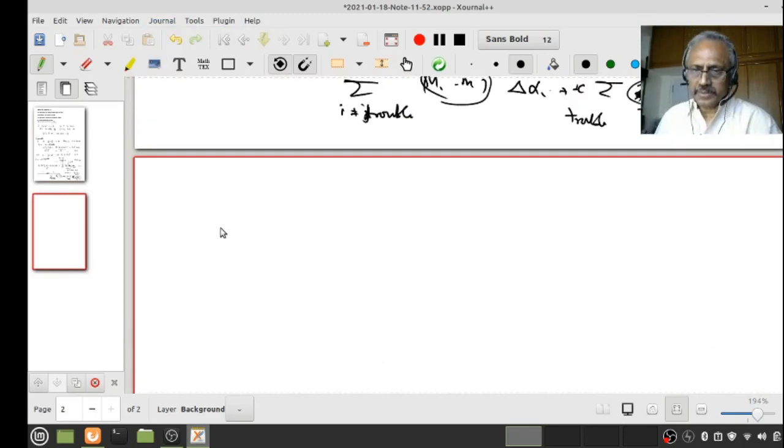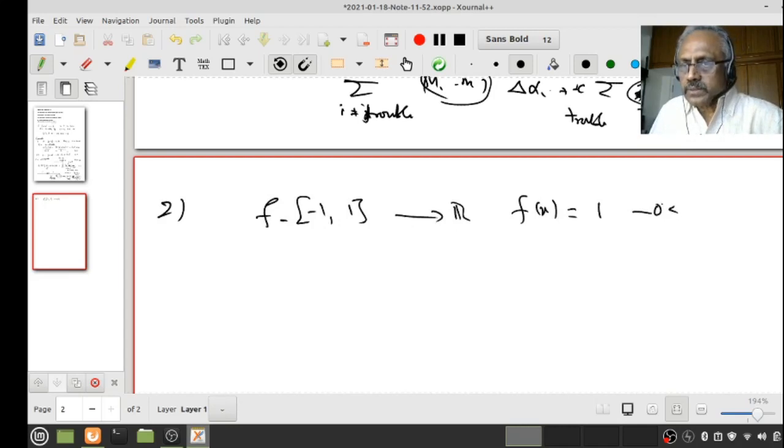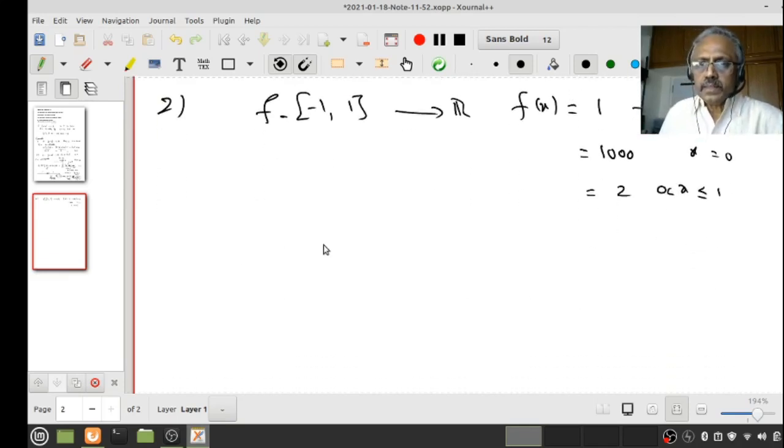Okay, let us go through this. Now let's look at this example itself. Instead of continuity, let me look at this example. f is from -1 to +1 to R, so that f of x is equal to, let us say, 1 for -1 less than or equal to x less than 0, equal to 1000 at x equal to 0, equal to 2 for 0 less than x less than or equal to 1, right?